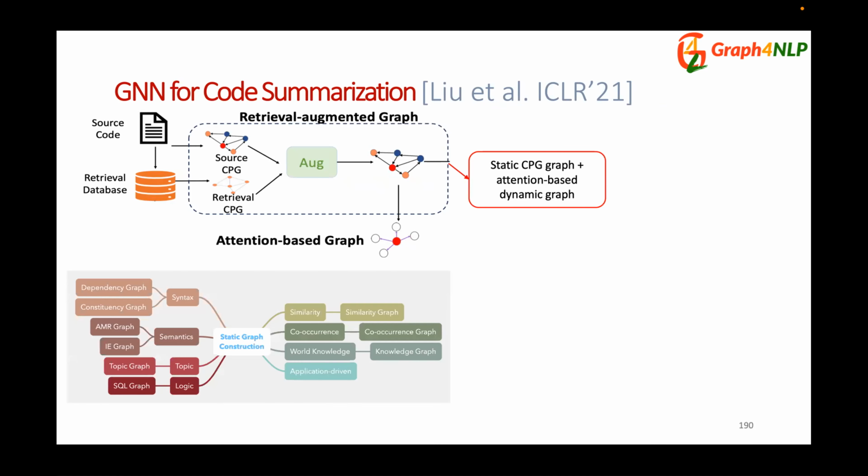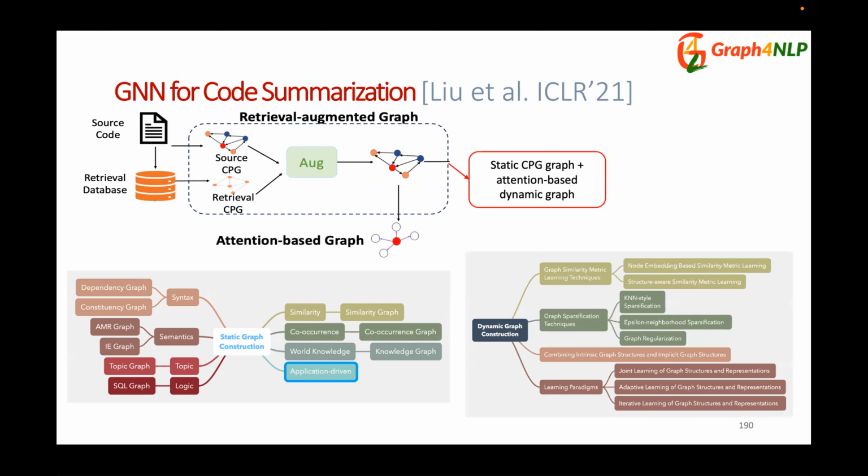As for the dynamic graph, they applied a structure-aware similarity metric learning to utilize the edge information of the intrinsic static graph, which we have already introduced previously when we talked about the graph construction for NLP.